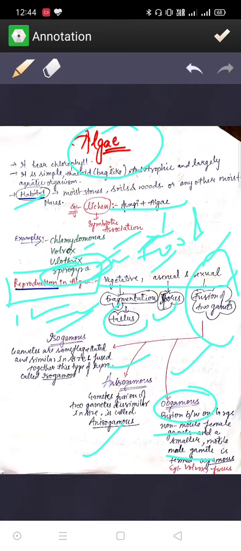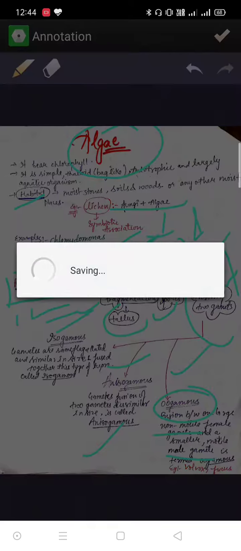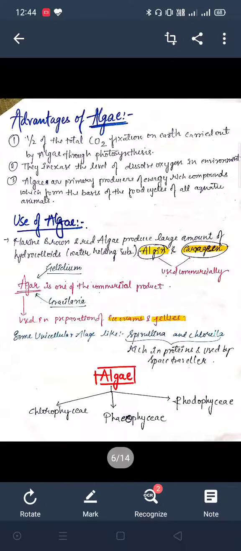This type of reproduction is found in Volvox and Fucus. Now, what are the advantages of algae? As we know, algae are photosynthetic plants, so they play an important role in the fixation of carbon dioxide.